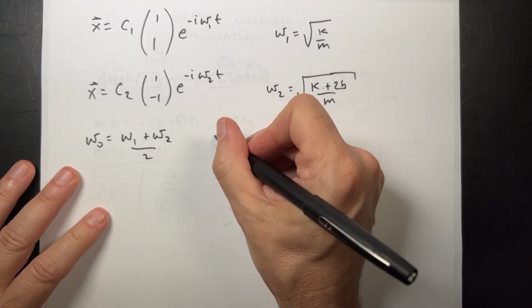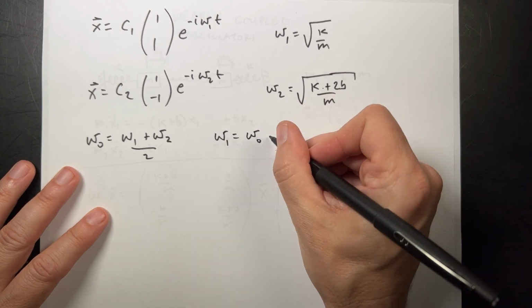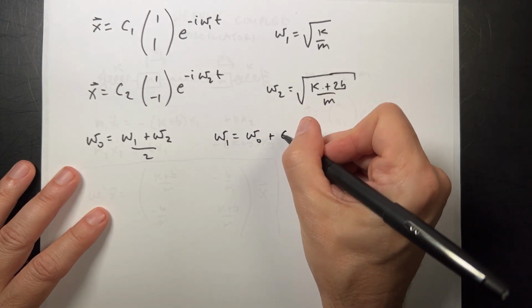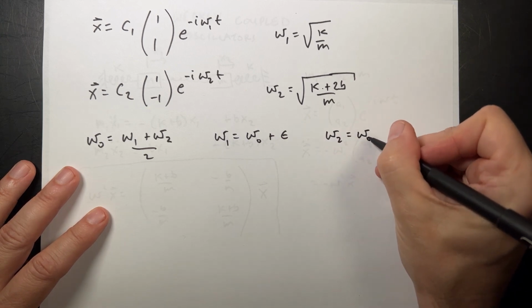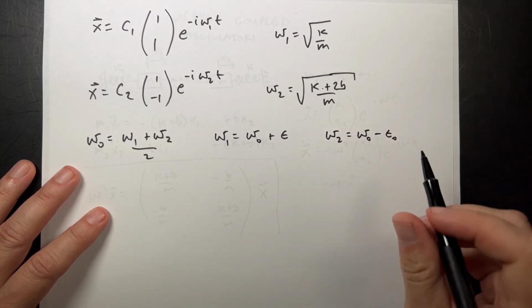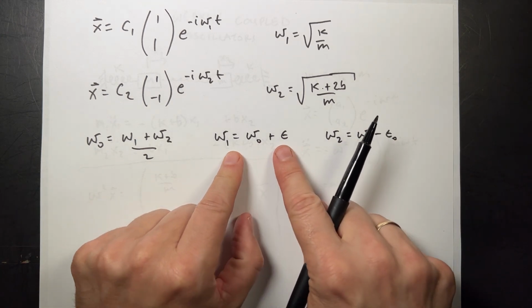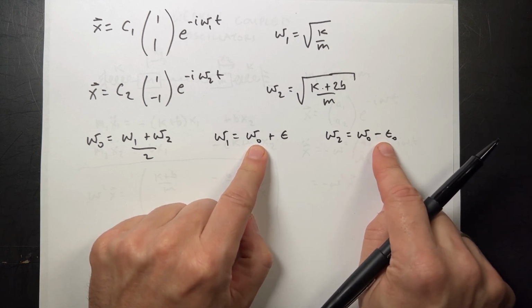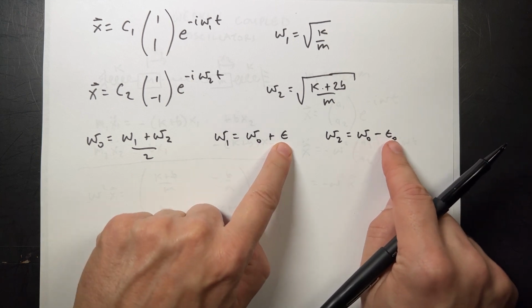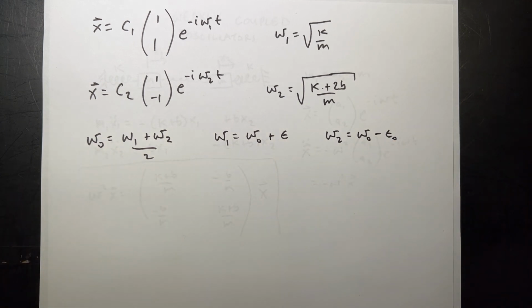If that's the case, then omega 1 could be omega 0 plus epsilon, some small value, and omega 2 is omega naught minus epsilon, that small value. So I can think of it as a base frequency, and then one of them is going to be a little bit higher, one's going to be a little bit lower. If I add these two together, the epsilons cancel, and for the omega naughts I get 2 divided by 2. So it does work.